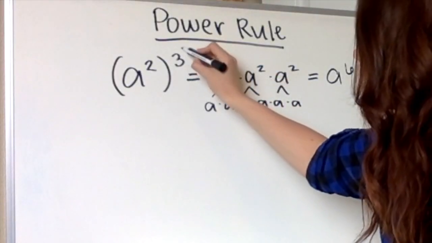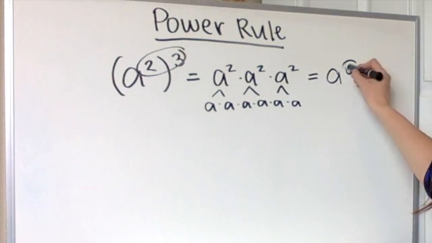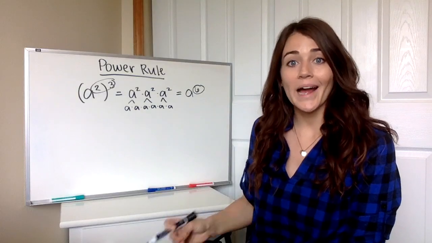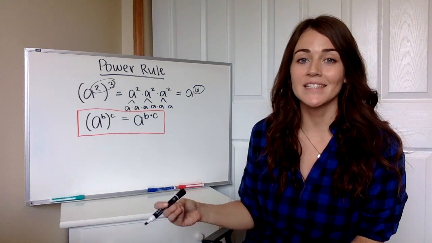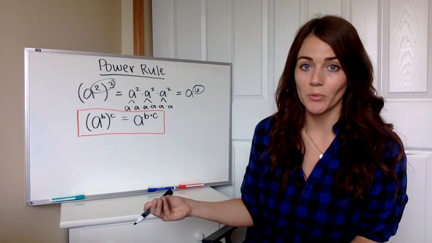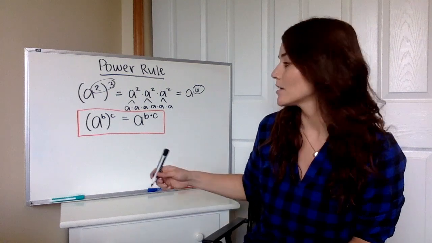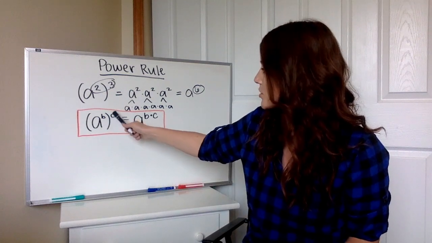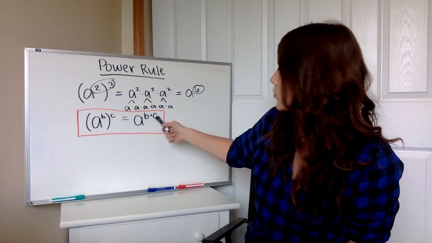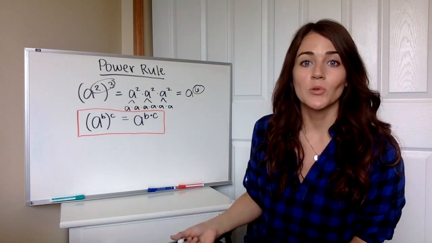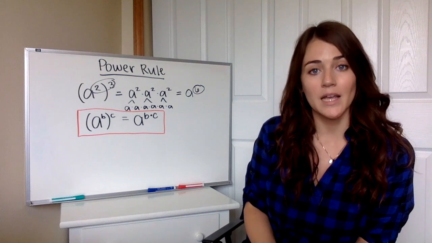If you look at these exponents and look at what my answer was, we're no longer adding, we're multiplying. So we now have this nice little rule for power rule when we have an exponent to an exponent. If we have a base with an exponent to an exponent, we are going to keep that base and just multiply our exponents.